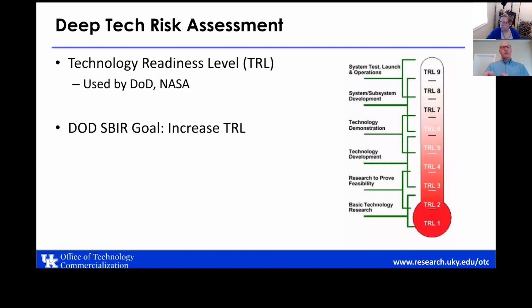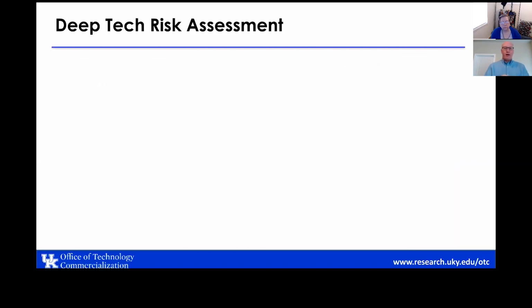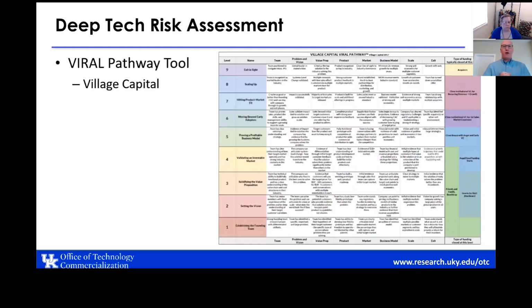But this technology readiness level scale only addresses one component of risk, and that one component of risk is technology. When other people are assessing the risk of a company, for example investors or acquirers, they look at a lot more than just the technology. They're looking at many other aspects of the company when they're assessing risk.